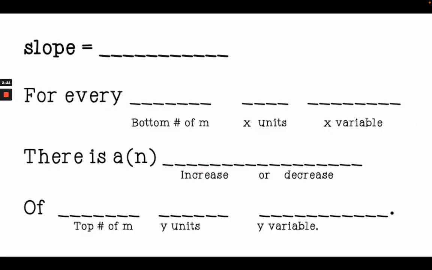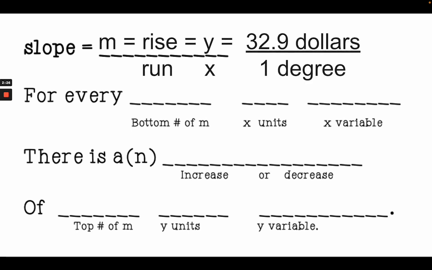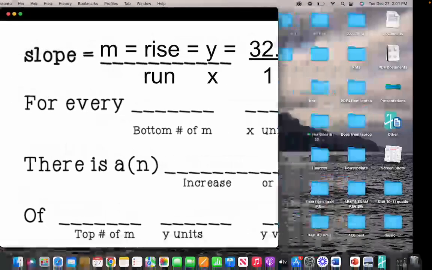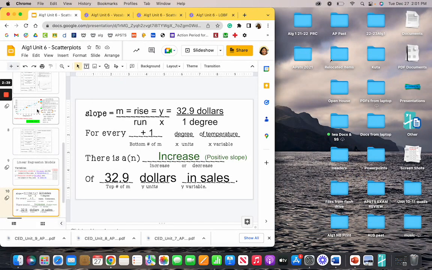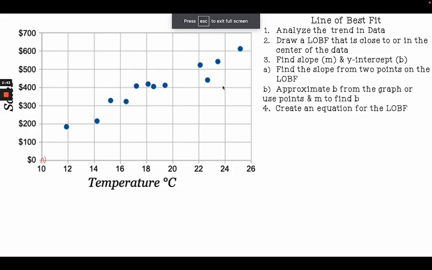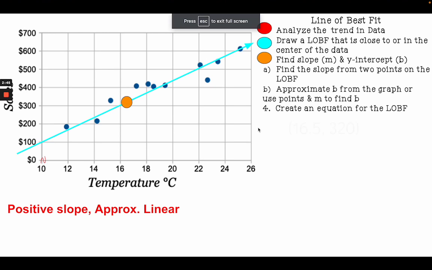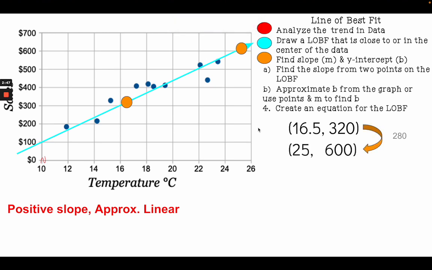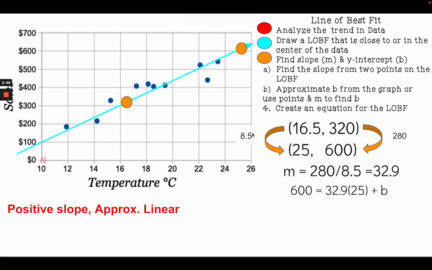So the first thing we're going to do is talk about slope. So we know slope as rise over run. We know slope as y over x. And remember from our, I'm just going to go back here really quick. Here, this one. If we go back to line of best fit, we got a slope of 32.9.